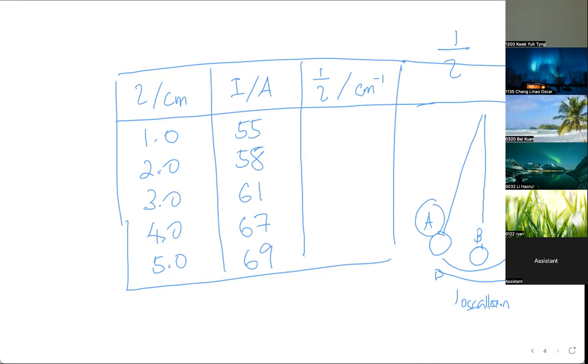For the pendulum experiment, try to make this angle as little as possible, less than 5 degrees. Don't put it far away and let go. You just displace a bit, let it swing 2, 3 times, then you start counting. Is that clear? How did I answer your question?